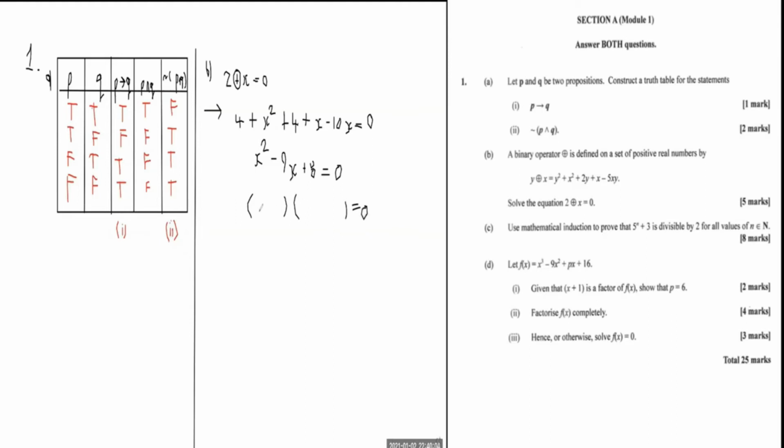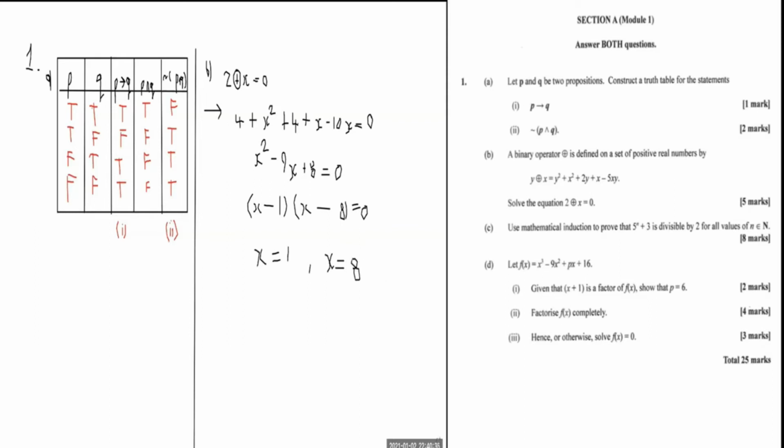It's going to be x, 8, and 1. Signs are the same and both of them are negative, so minus, minus. So x is equal to 1 or x is equal to 8. That's the solution for this question. Nice and easy.